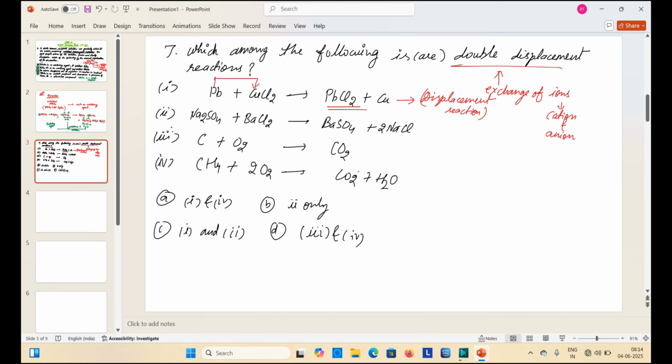Now if you come to the first option, the first reaction is a displacement reaction, it is not a double displacement reaction, so it's wrong. Come to the second one. Here you are finding that in place of sodium ion, barium ion is going, and in place of barium ion, sodium ion is coming.